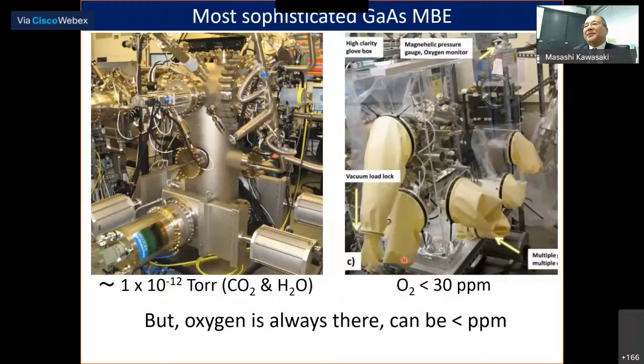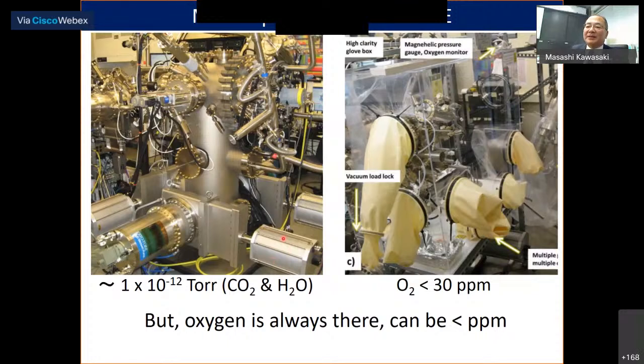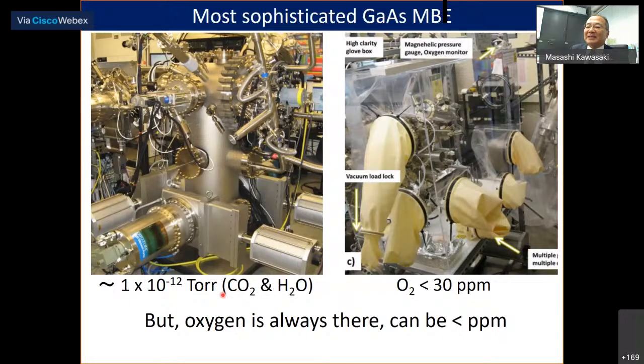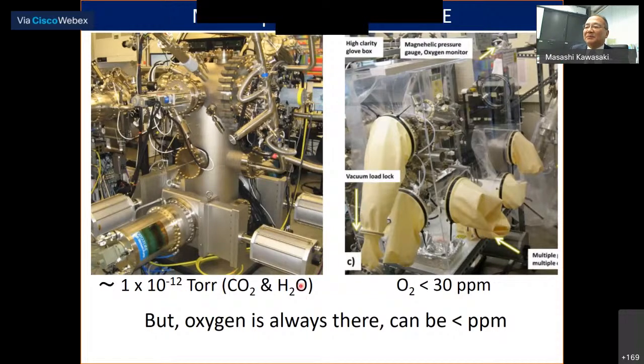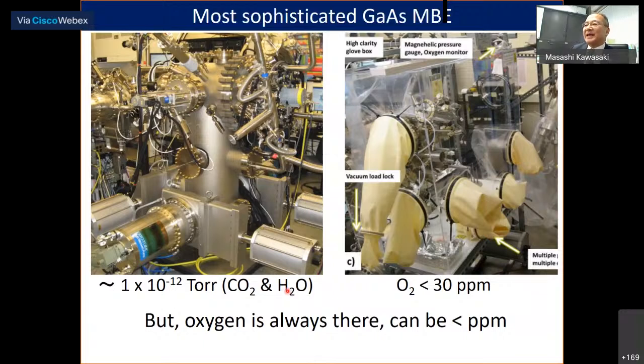And if you say pure material, people may say gallium arsenide. The cutting-edge, cleanest MBE-grown gallium arsenide can be very clean. This is one of the top-notch MBE systems, which produces very high purity gallium arsenide. The vacuum chamber has 10 to the minus 12 residual gas, which is CO2 or H2O, a bunch of oxygen sources.